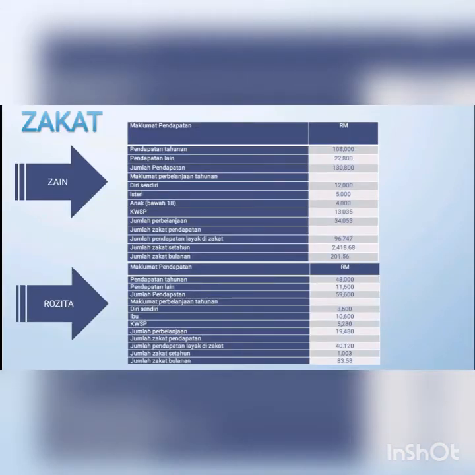Here is the zakat calculation for Zain and Rozita. Zain's zakat for 1 year is 2,418 and for 1 month is 201. And Rozita's zakat for 1 year is 1,003 and 83 ringgit 58 cents for 1 month.